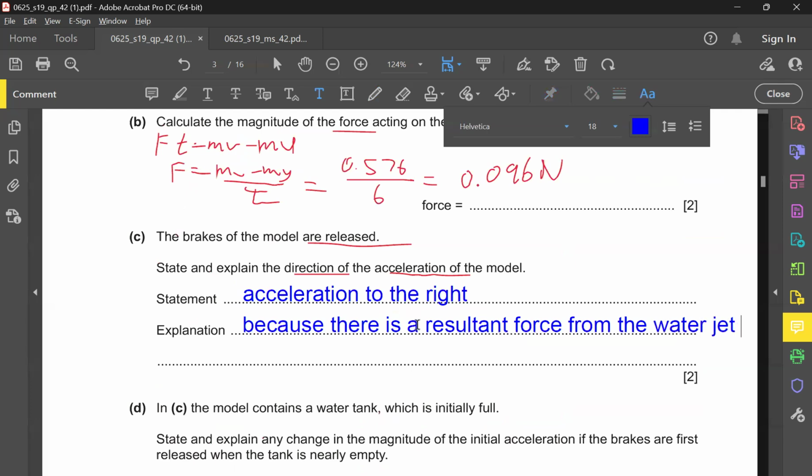If I just say force, what? You must write resultant force, not just force. The keyword is resultant force generates acceleration, not just force. For example, I could have two forces acting on it and it's not going to accelerate, right? But if I have a resultant force acting on it, then it will accelerate. The keyword is the resultant force.